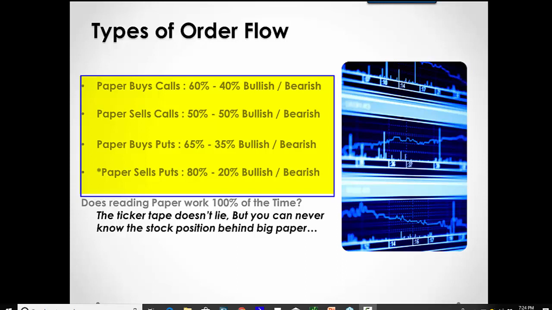The way buying puts can be bullish, and there's a really good YouTube video with Jim Cramer, is if they buy puts and they buy stock. The synthetic of long calls is buying puts and buying stock. So if an institution buys puts and buys stock, that is the synthetic of buying calls.